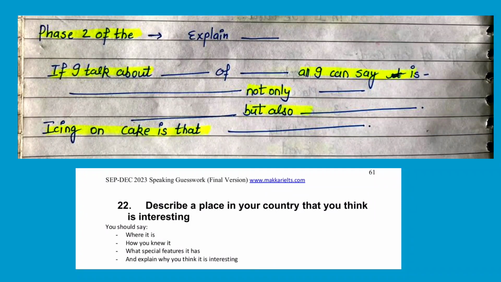I will tell the examiner that if I talk about the special features of this place, all I can say is that it is such a scenic place which not only has the magnificent snow-capped mountains but also the mystic valleys. Icing on the cake is that it has become a tourist hotspot and we can imbibe the cultural variety. And this is how you are going to introduce the features to the examiners. I hope you understood, right?